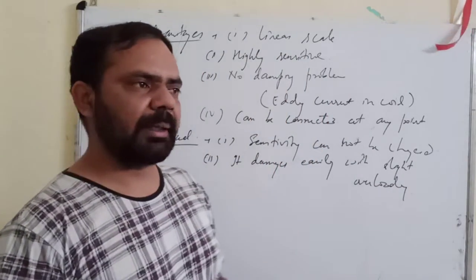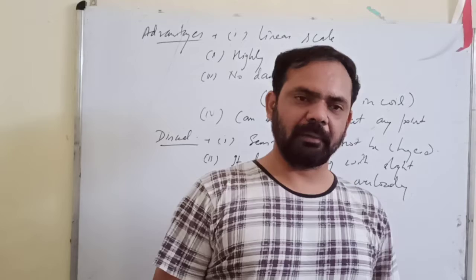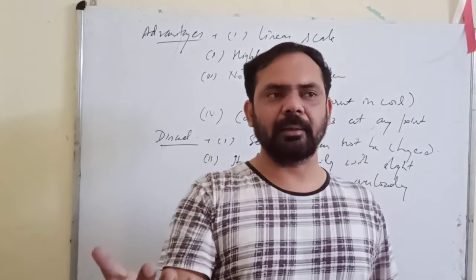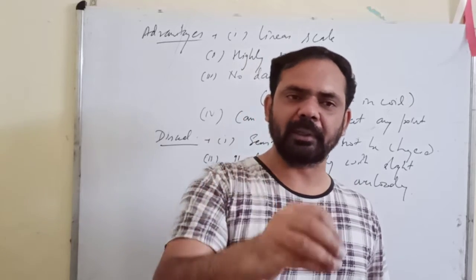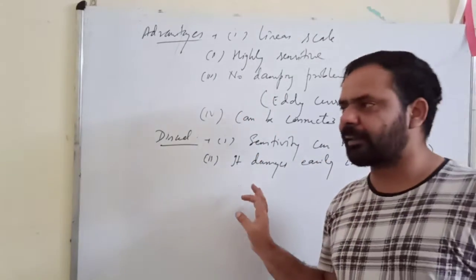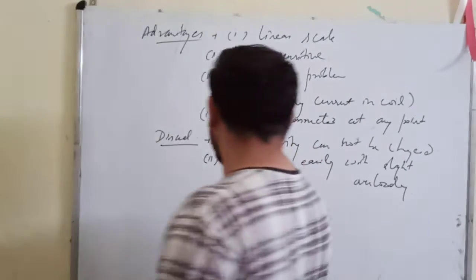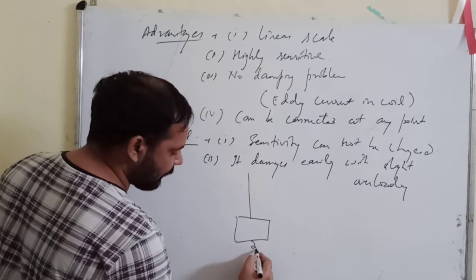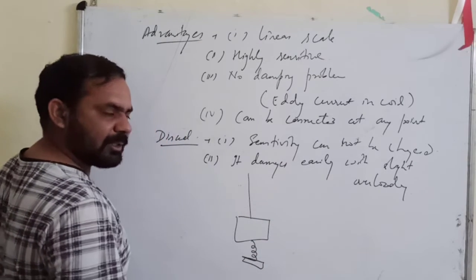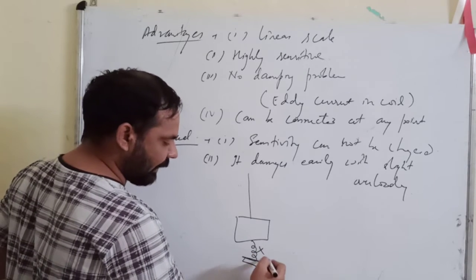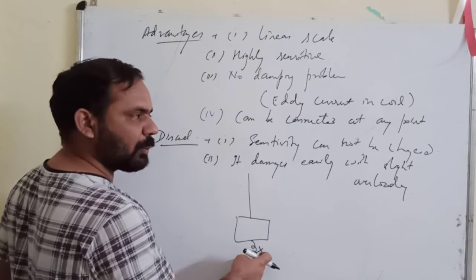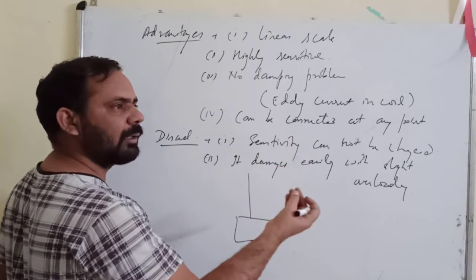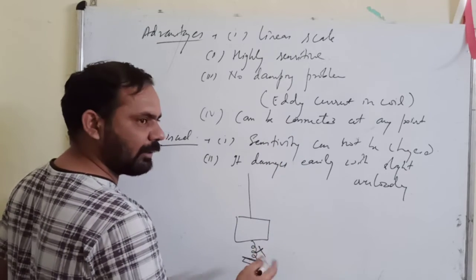If you pass slightly more current than the allowed value through the galvanometer, it is easily damaged, because you have a phosphor bronze wire, then a coil, and then a hairline spring. So what happens is, this hairline spring gets burned because of that high amount of current flowing through the galvanometer. Even a slightly higher current can burn this hairline spring.